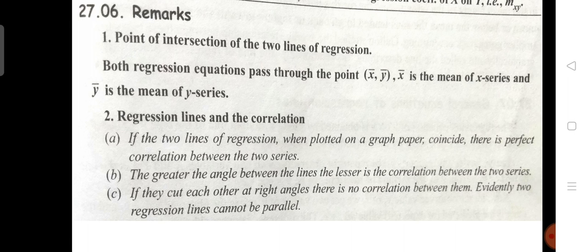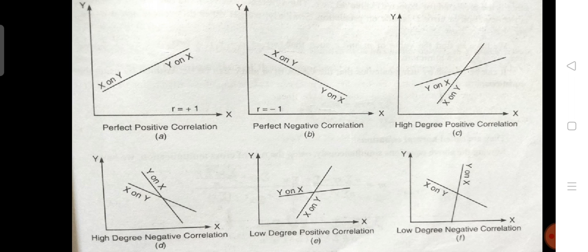If they cut each other at right angles, there is no correlation, and evidently the two regression lines cannot be parallel. Okay, those are the remarks.